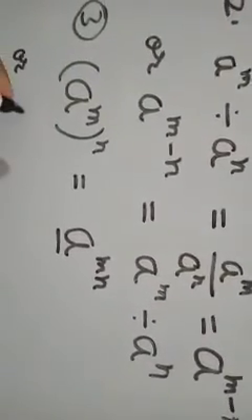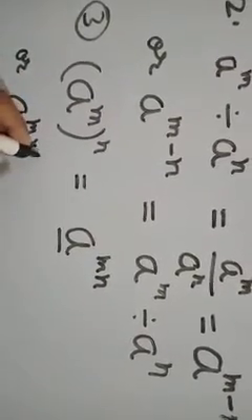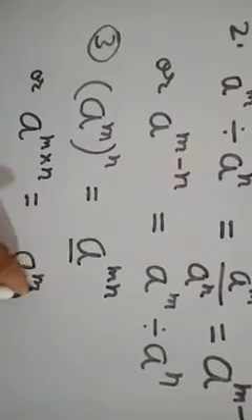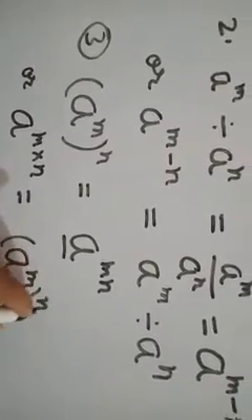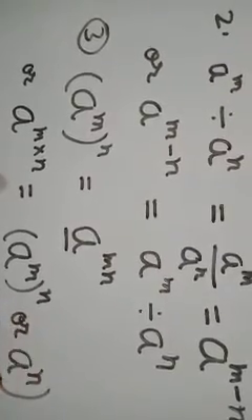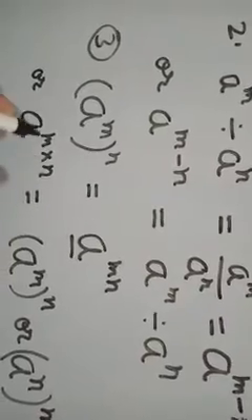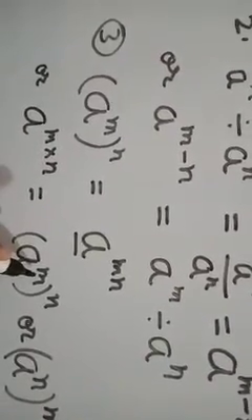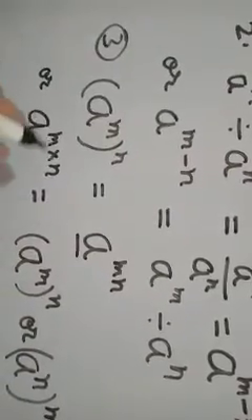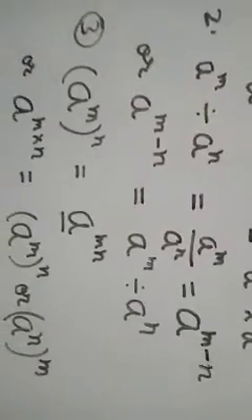Or you can note a raised to the power m into n as a raised to the power m whole power n, or a raised to the power n whole power m. You could choose one of the powers in the interior and the other as the whole power, or the second one in the interior and the first one as the whole power.